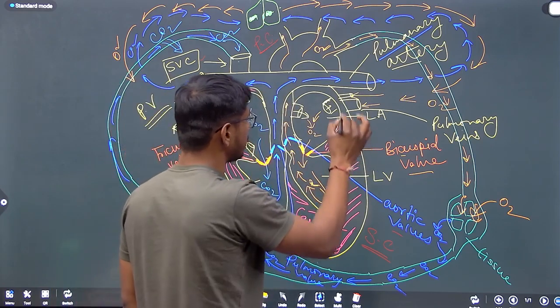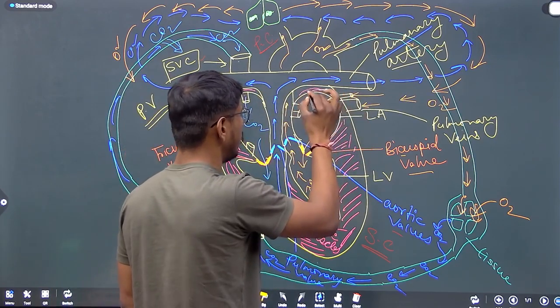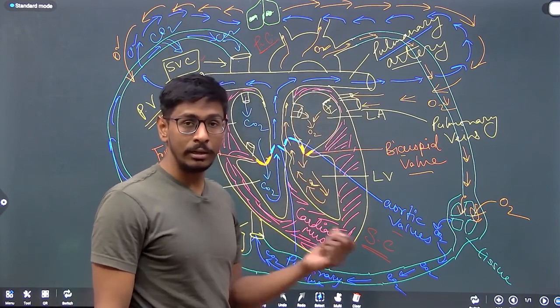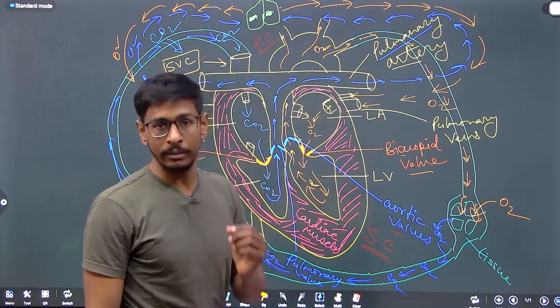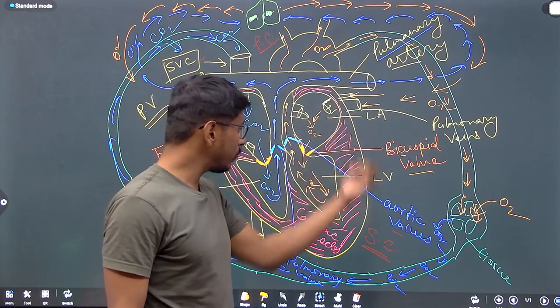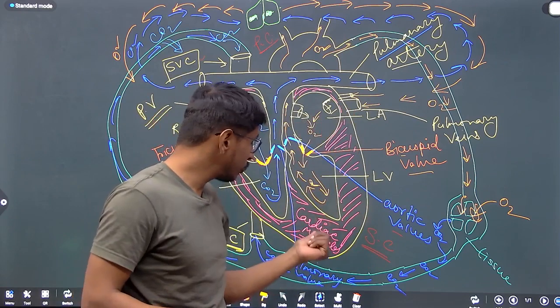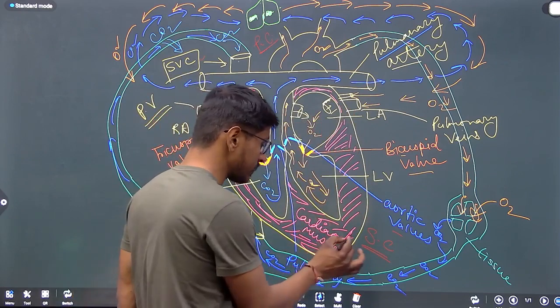This is everywhere. Without these muscles the heart is nothing. If these muscles don't work, the heart cannot do a single thing. So the primary role of contraction and relaxation is carried out by these cardiac muscles.